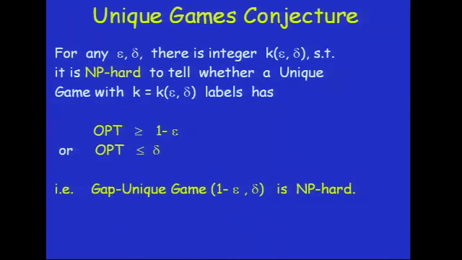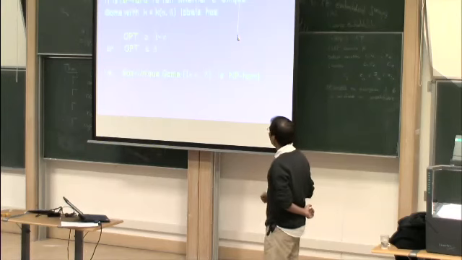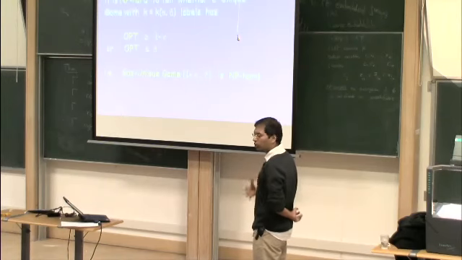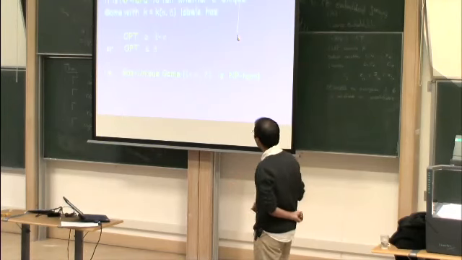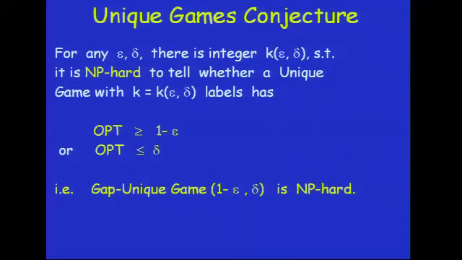So the interesting case is when even the best labeling can satisfy only, say, 99% of the constraints. And then the question is how good a labeling can you actually find in polynomial time? This conjecture states that this problem is very hard.